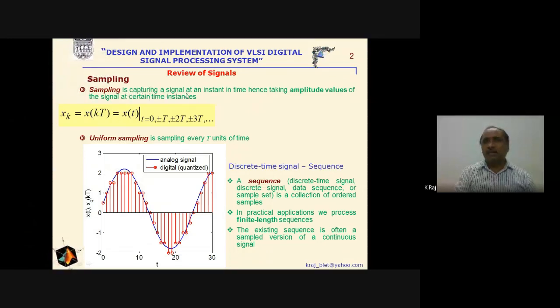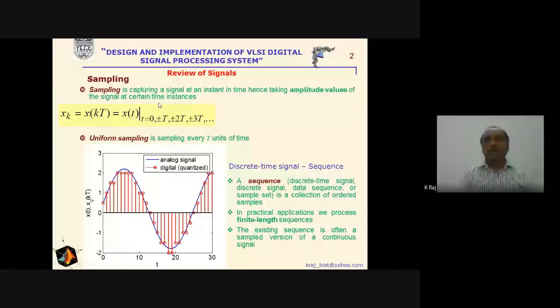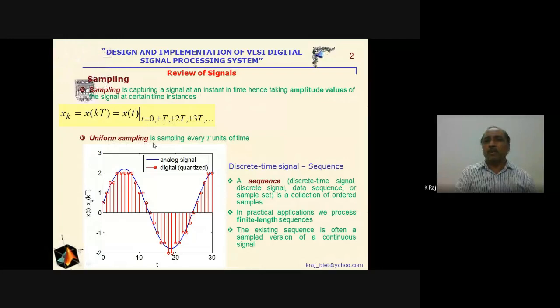Sampling is capturing a signal at an instant in time, hence taking amplitude at time instances. And if we select the sample time T for each and every integer k, then that will be named as uniform sampling. Uniform sampling is sampling every T units of time.